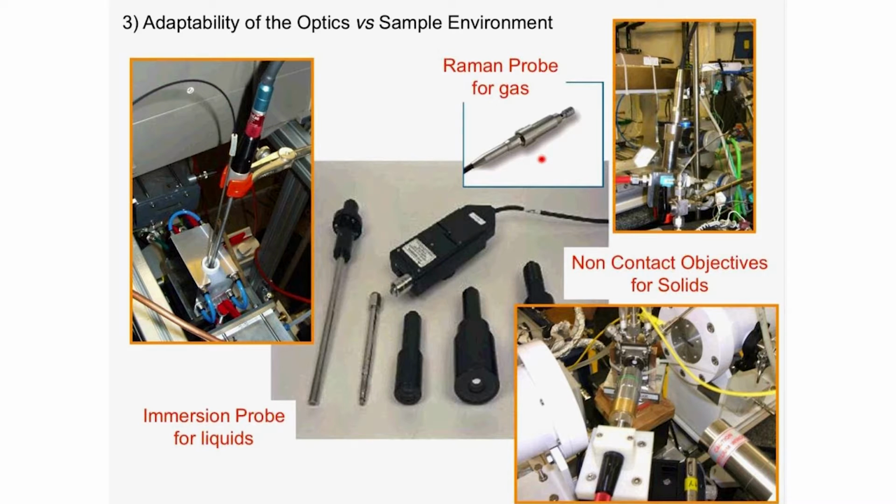Actually, the versatility of the optics that you can mount on this Raman probe head makes the combination of Raman with X-ray absorption spectroscopy very comfortable. You have only to take care of the X-ray absorption constraints in terms of, let's say, thickness of the sample and of optical windows, and most of the time Raman spectroscopy is able to manage the constraints of X-ray absorption spectroscopy.